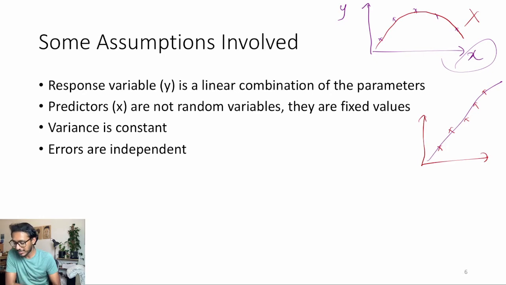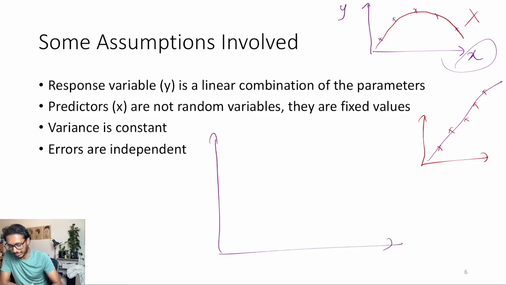And our next assumption is that the variance is constant. So for example, let's say we have a linear model and we have our data points around this line. This is the variance, right? The distance from our line to the actual value.